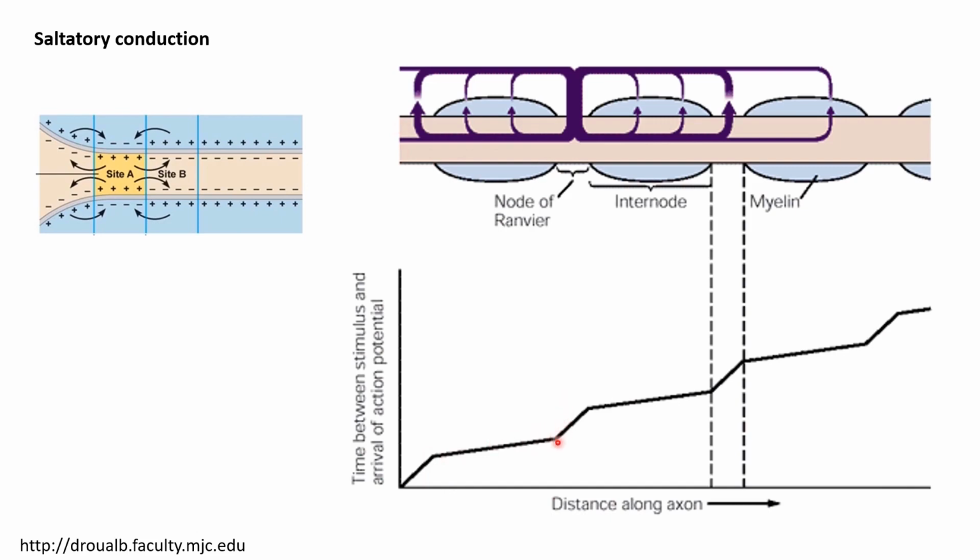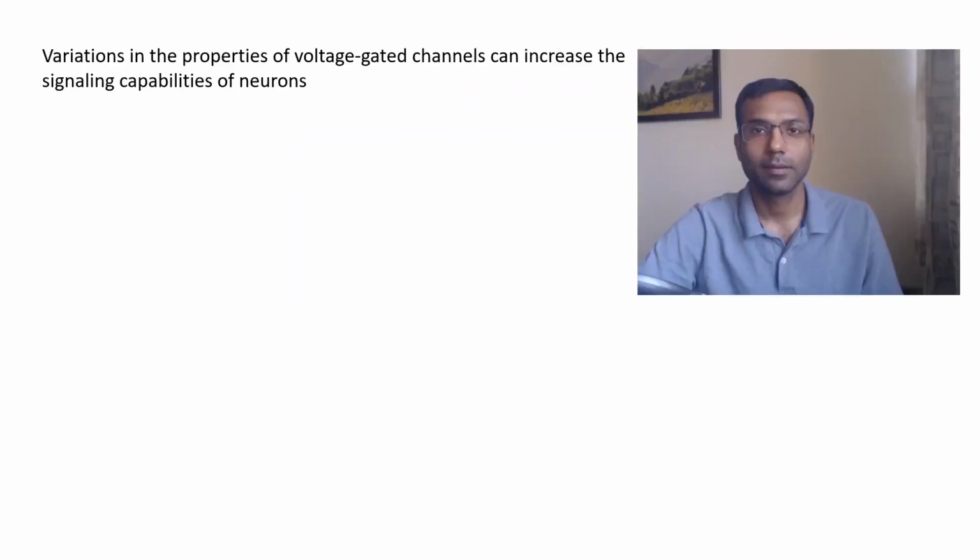Then again it takes some time to regenerate here, and then it takes very little time to go to the next node. So we have basically slow conduction in these regions and then fast conduction in the myelinated regions. Overall, by using myelination, we can get up to 10 times faster speed of conduction as compared to an unmyelinated axon. So this concludes our series on action potentials.